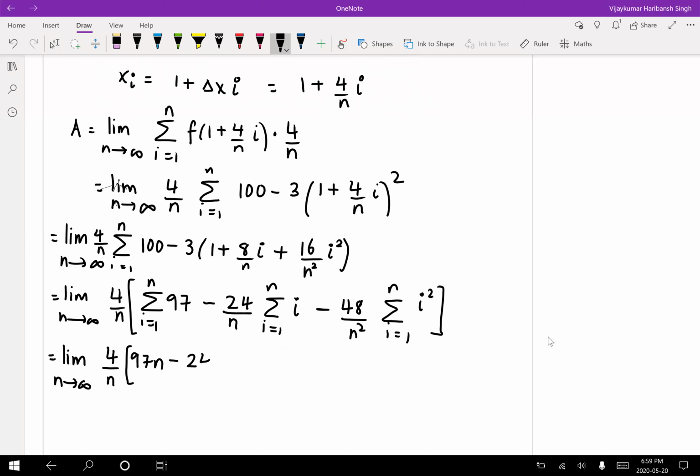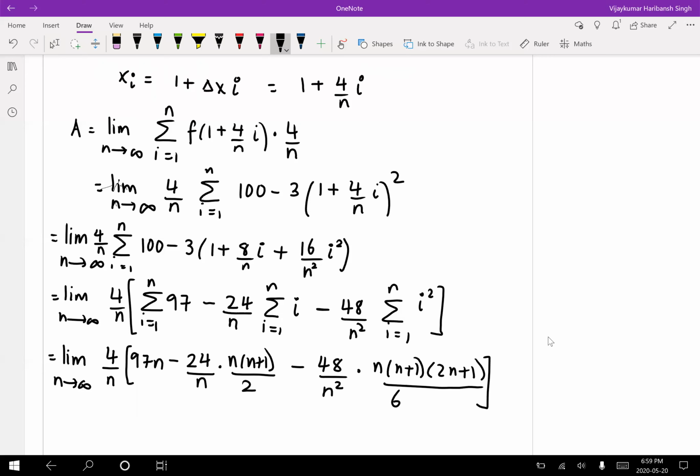This one will be 24 by n times, what is summation i going from 1 to n of i? n times (n plus 1) divided by 2. Minus 48 by n square. And what is the summation formula for i going from 1 to n of i square? n times (n plus 1) times (2n plus 1) divided by 6.